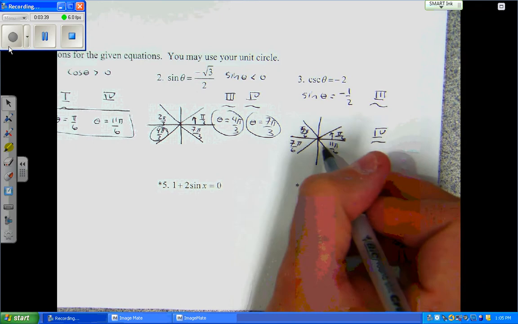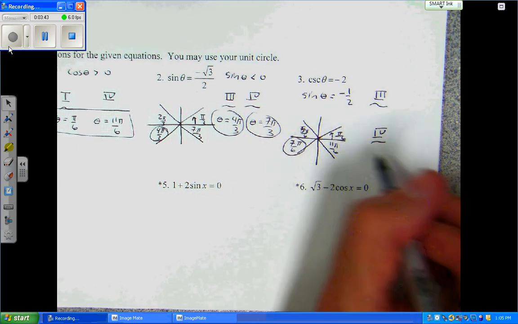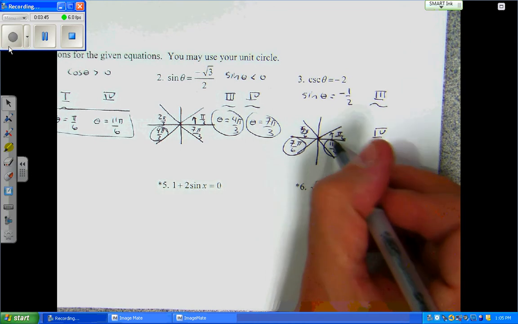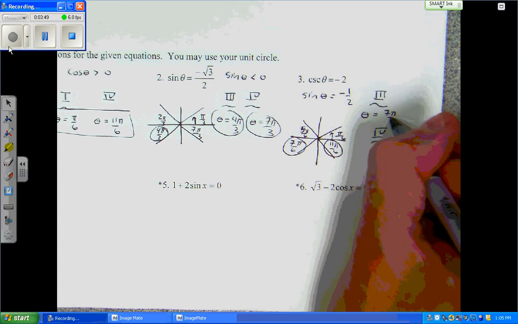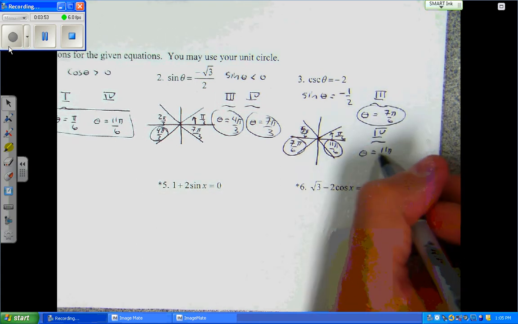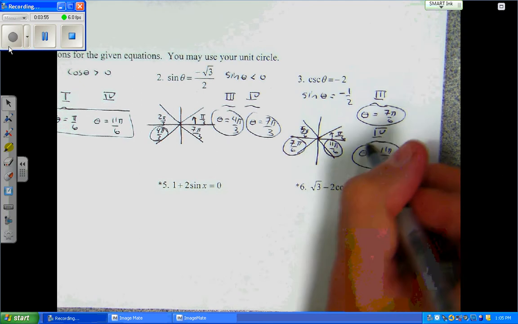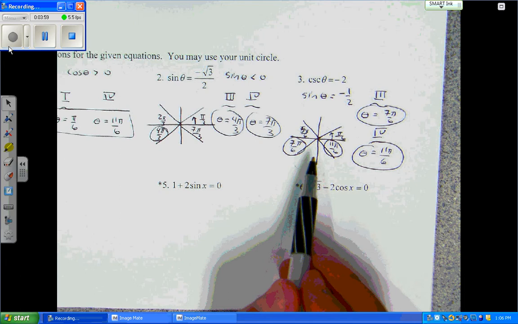So that gives my angles. The pi over 6 in the third quadrant is 7 pi over 6. And the fourth quadrant, it's 11 pi over 6. Those are my two answers. 7 pi over 6 in the third quadrant, and 11 pi over 6 in the fourth quadrant. Just using your unit circles.